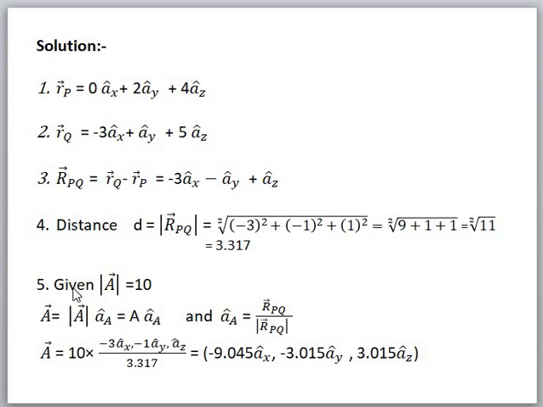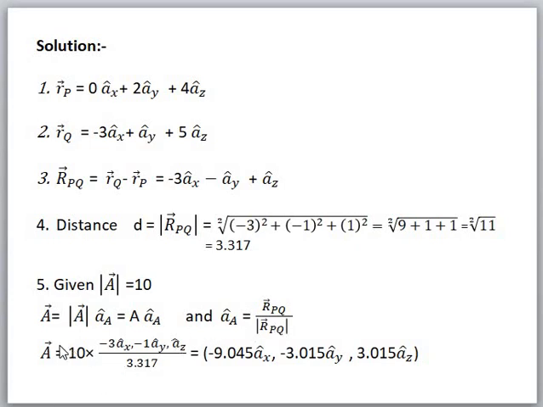The next solution: in this question, the magnitude of vector A is given as 10. We know that vector A is equal to the magnitude of vector A times the unit vector, and we know the unit vector is equal to vector R_PQ upon the magnitude of vector R_PQ.